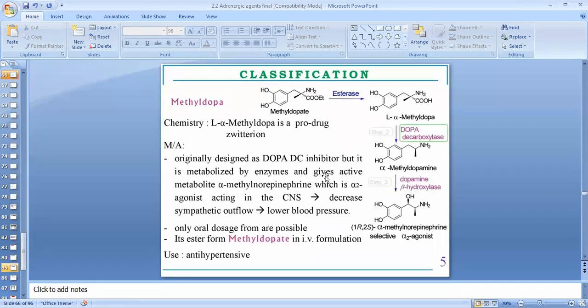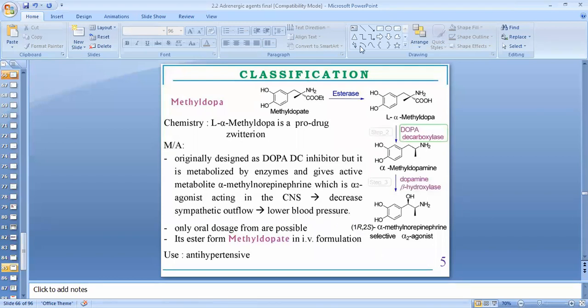With the help of enzymatic conversion, it gives an active metabolite, alpha methyl norepinephrine, which is an alpha 2 agonist acting in the central nervous system, which will decrease the sympathetic outflow. Sympathetic outflow decreases, which means neurotransmitter transmission of impulses is reduced. That's why they dilate the blood vessels and lower the blood pressure.